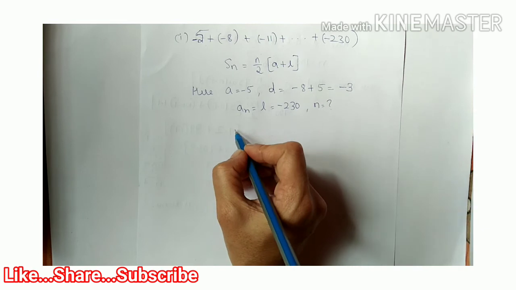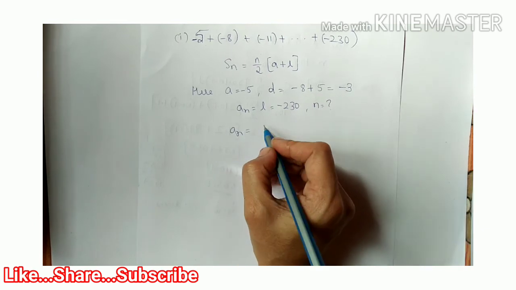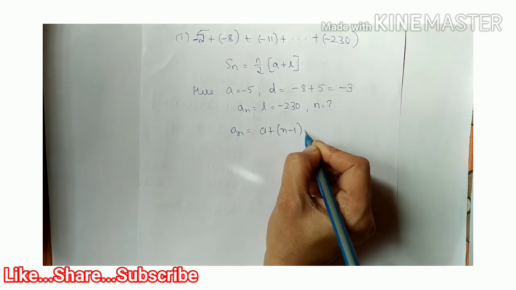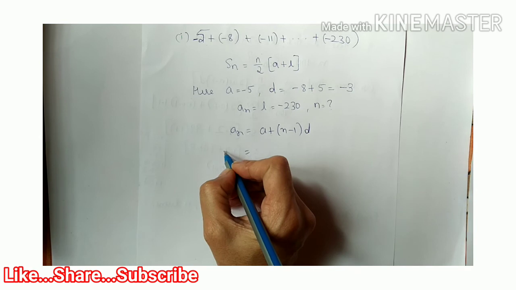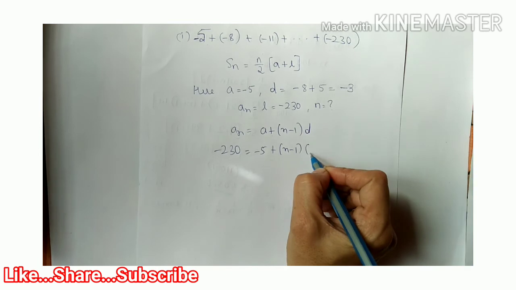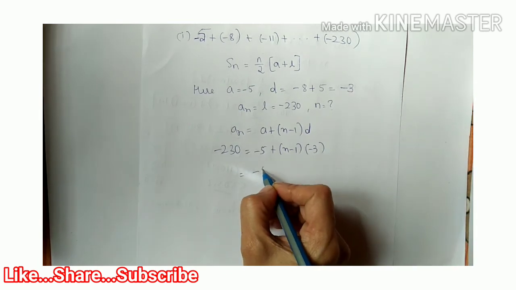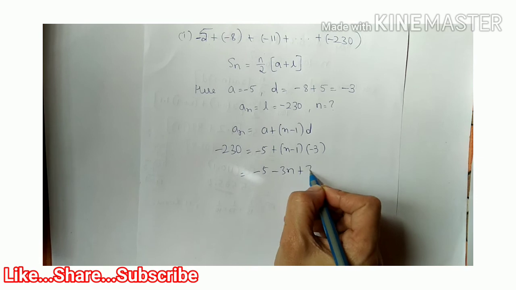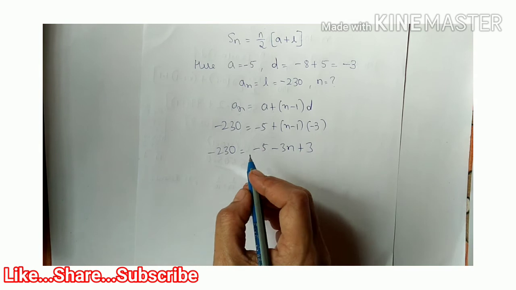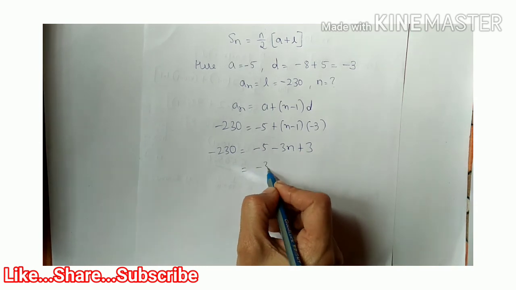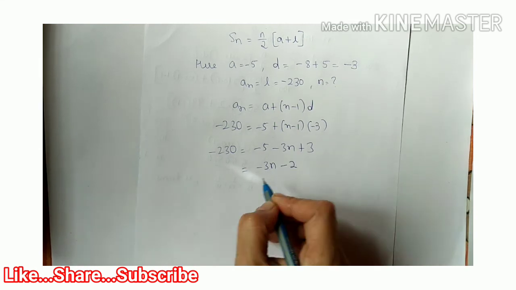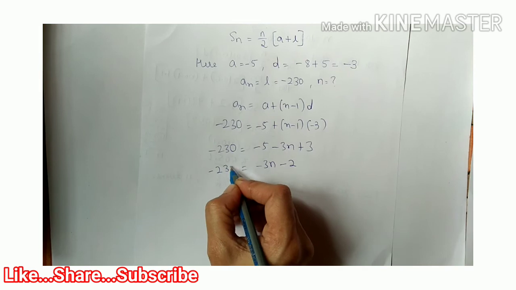We know the nth term of an AP, an = a + (n - 1)d. Here the nth term is -230. a is -5, d is -3. So -5 - 3n + 3 = -230, which gives -2 - 3n = -230.